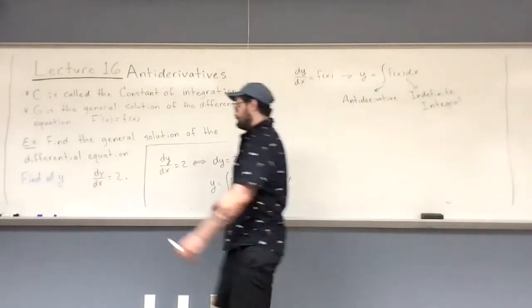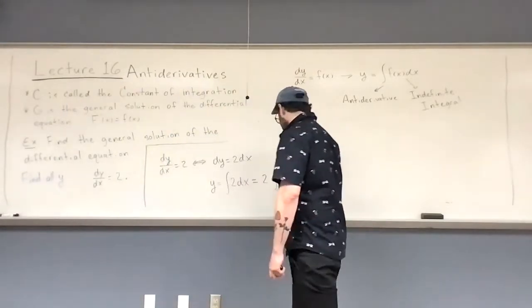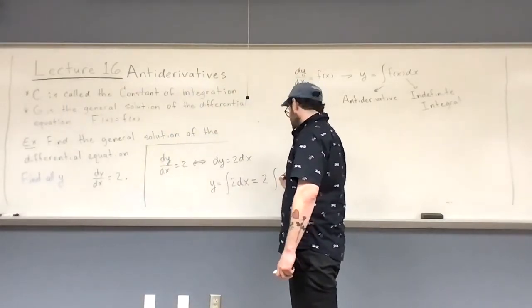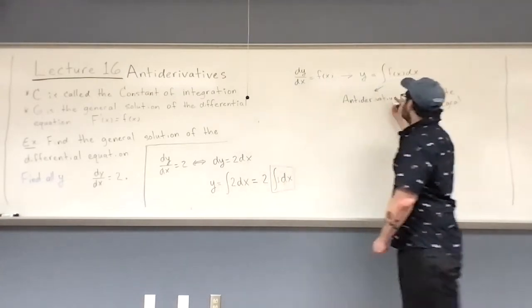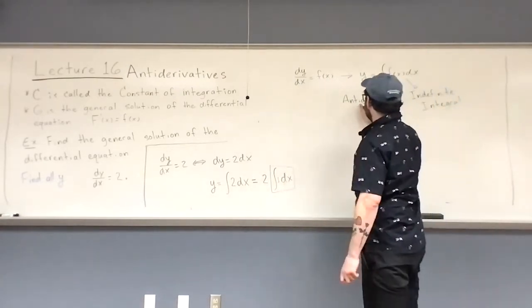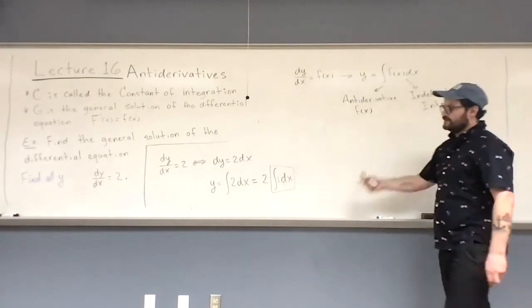And here, there's like a 1 right here, right? So this is the antiderivative of f of x. That's what I should have said. So what's the antiderivative of 1?